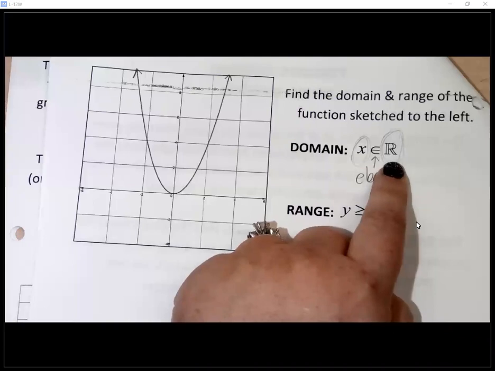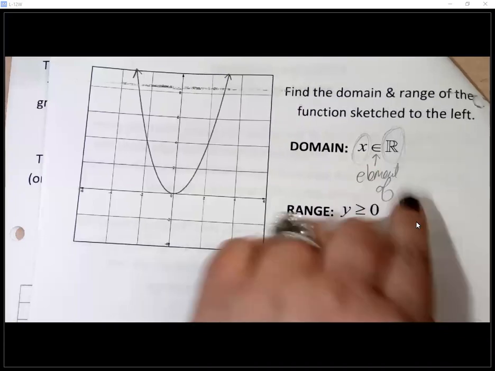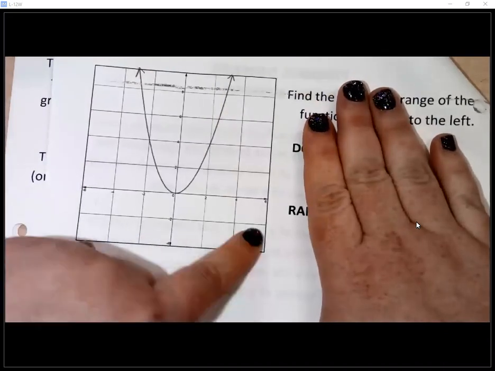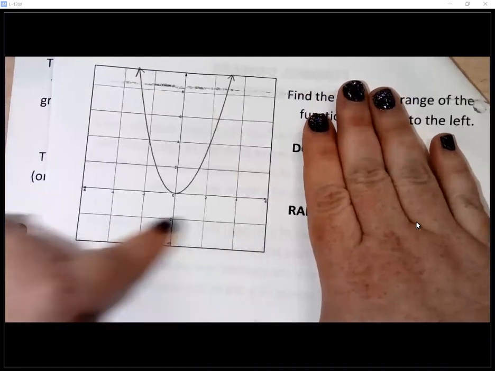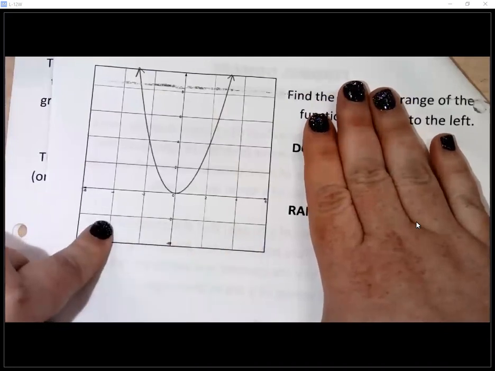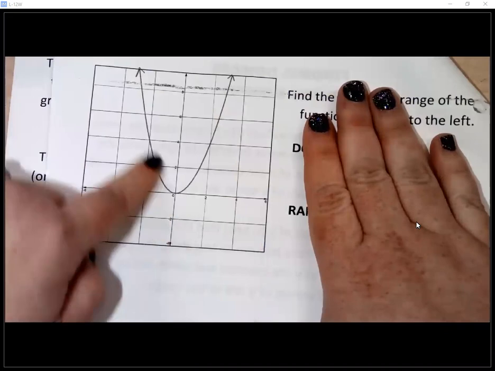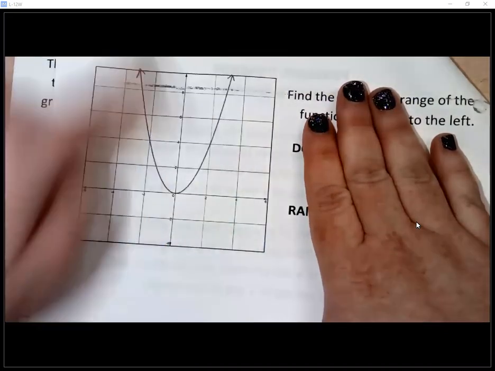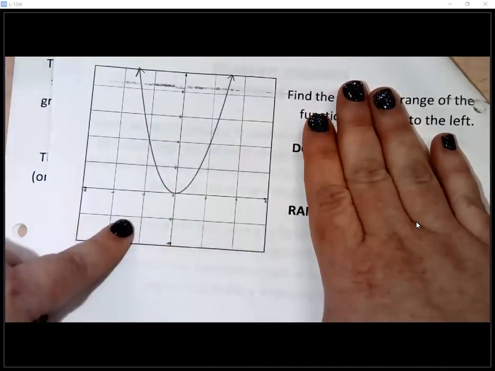Now let's talk range. So pretend you don't see the answer there. My graph does not exist down here, and I want to ask myself, will it ever get there? No, because they are going to go on forever, but they're going up and out, up and out. It's never coming back down here. So the graph will never exist down here.